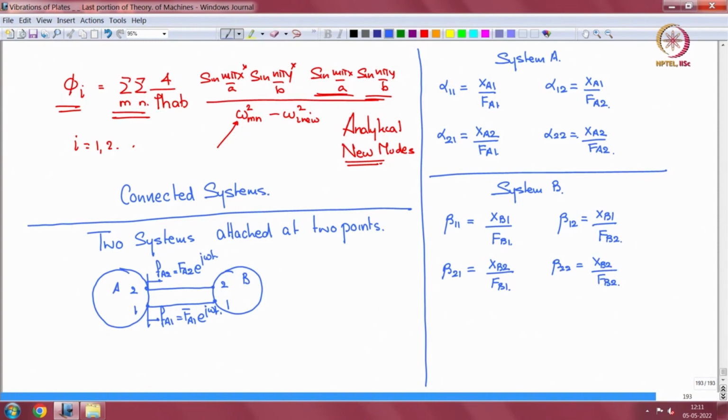Now they are connected. That is the whole point, they are connected now. When they get connected, whatever happens, displacements are same. It's a rigid connection.